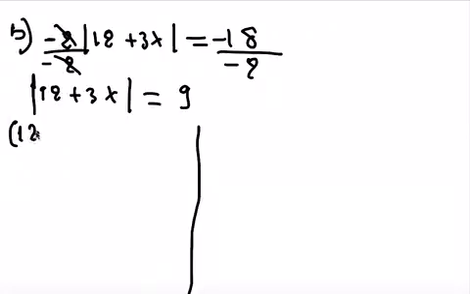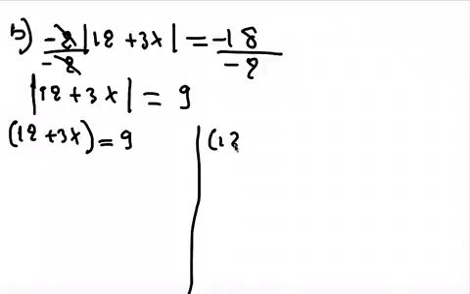I mean 12 plus 3x, we put parentheses, is equal to 9. And the other side also, you have to multiply by minus 1 on your right side or on the left side. You have to choose either. For this one, let's choose our right side because the first one was on our left side.